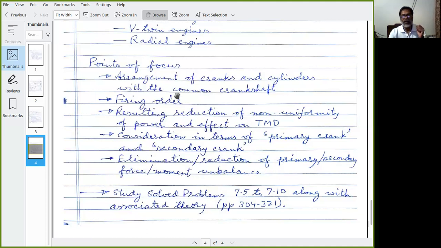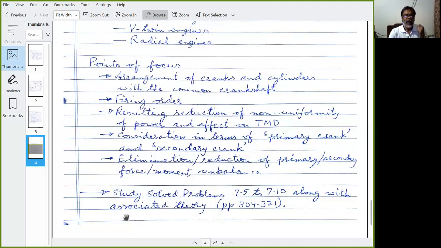So these are the points of focus in the study of multi-cylinder engines. This is a lot to study, but not much of it can be done in a classroom setup. So it needs to be studied and done by the learner.